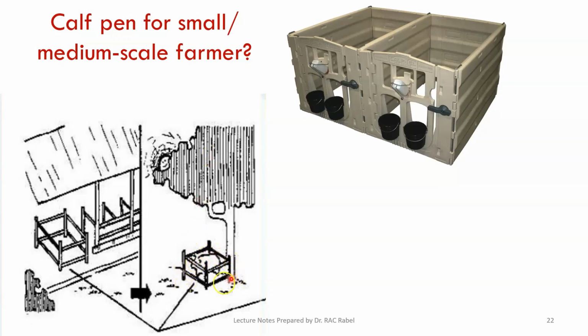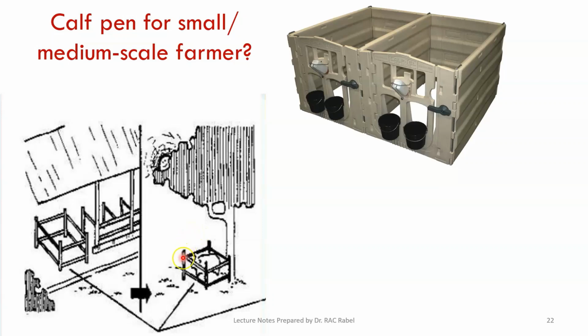You can have a simple structure like this, as long as you can maintain those fundamentals we talked about at the beginning: good ventilation, draft free. Of course, in a warm climate, draft is not a problem. No gas accumulation, and it doesn't get wet if it rains. Of course, you'll have to bring the animal indoors or have a small roof on top.